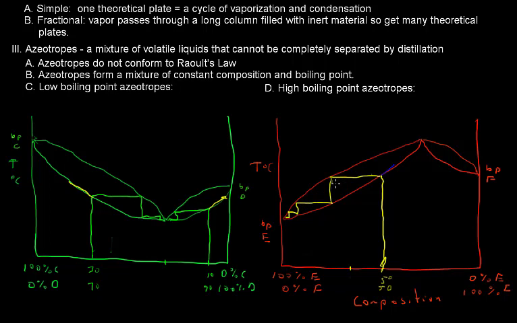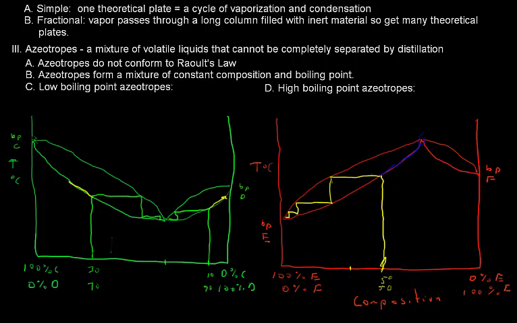As more and more of the vapor of the lower boiling point component, E, gets boiled off, the composition of the liquid goes up in this direction until eventually it reaches the azeotropic composition right there. At the kink, the liquid has a constant boiling point and a constant composition, and you're not going to get any more separation of the two components. So you'll get an azeotrope boiling off at this point where the composition never changes.